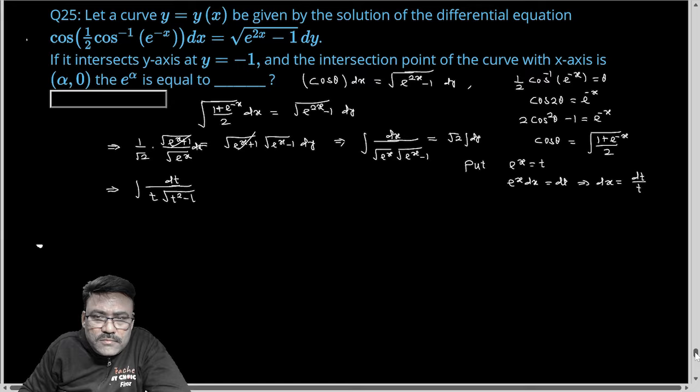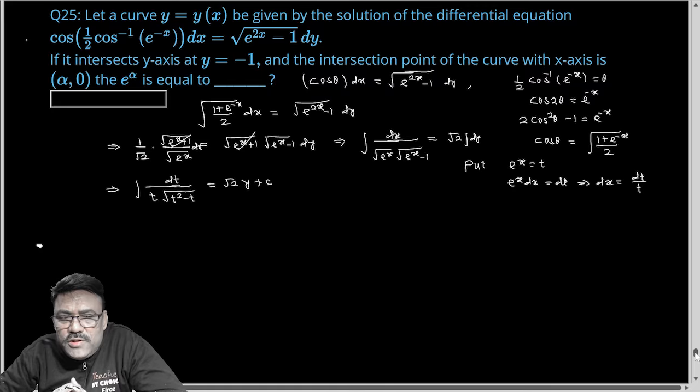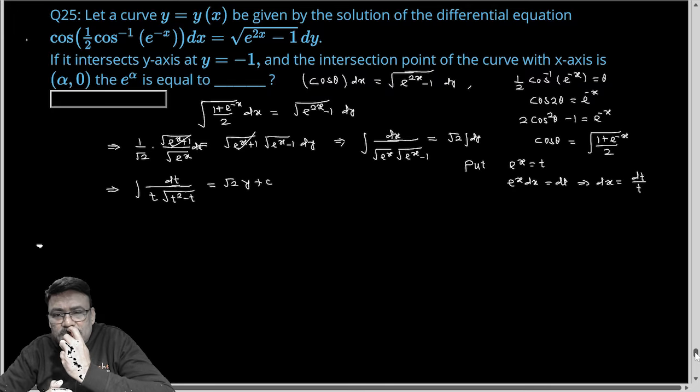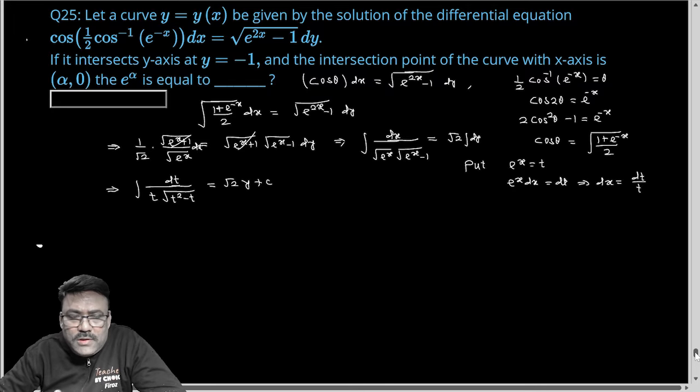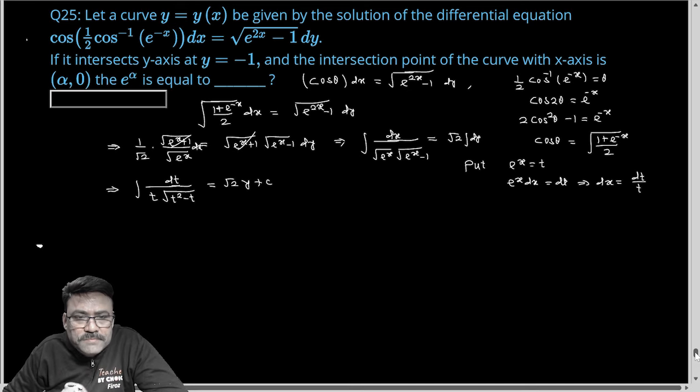On the right side it is root 2 y plus c. So it is dt over t under root t square minus 1 equals root 2 y plus c. Now I have to integrate this one, dt over t under root t square minus 1.